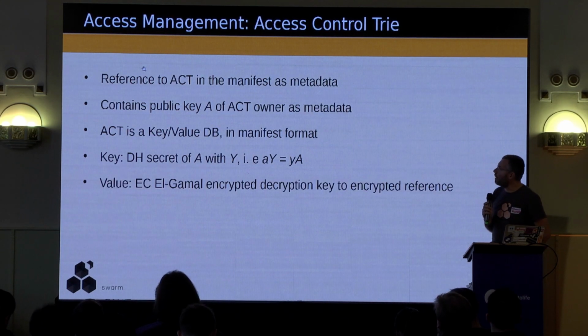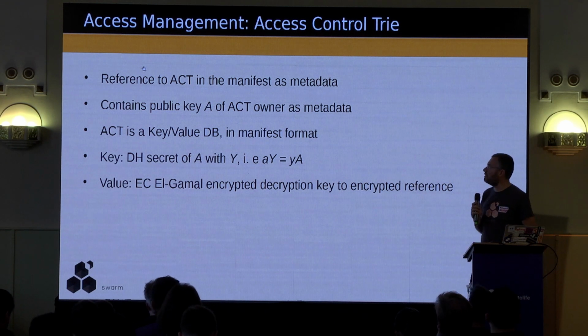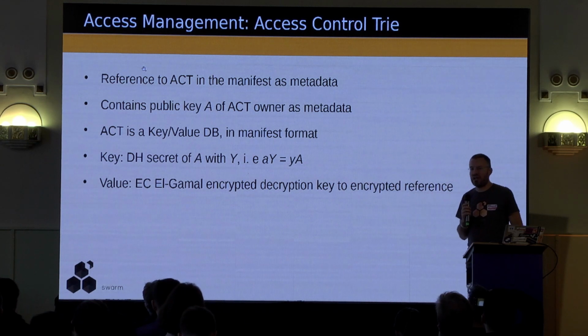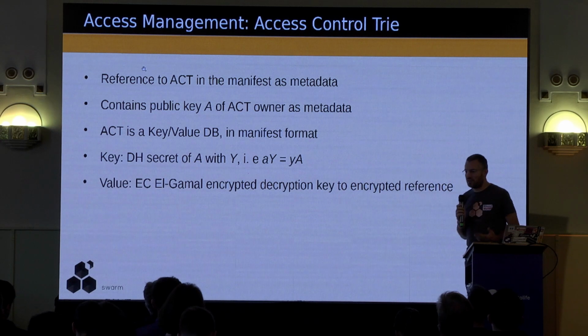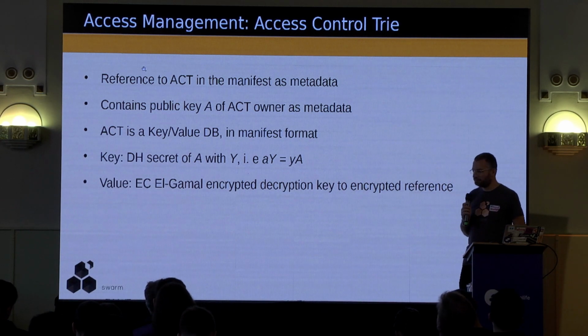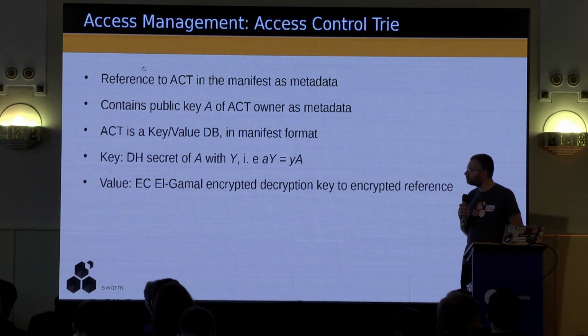And we also have this new data structure called the ACT, which is basically a trie holding a key value database of parties that are allowed to access the content.